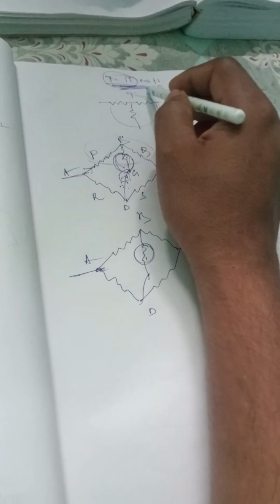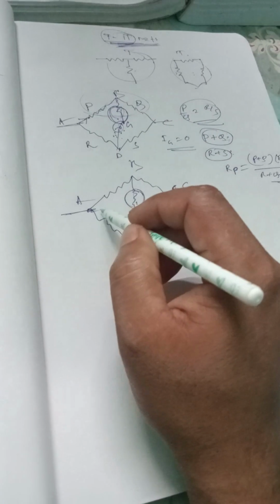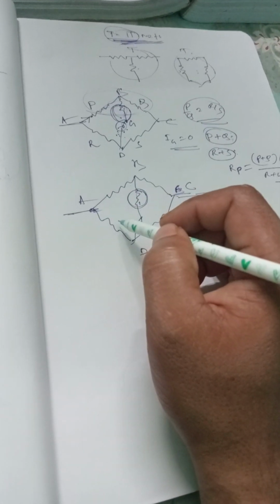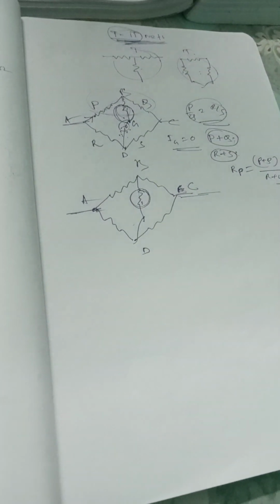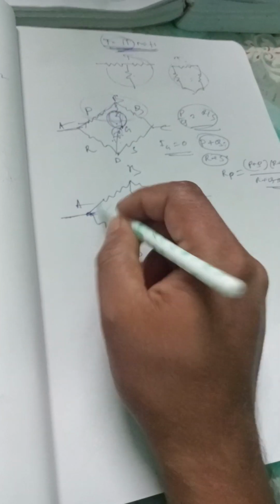You have seen a pi type of network here, so you have to apply the T network. You have to introduce 3 unknown resistors in this loop.